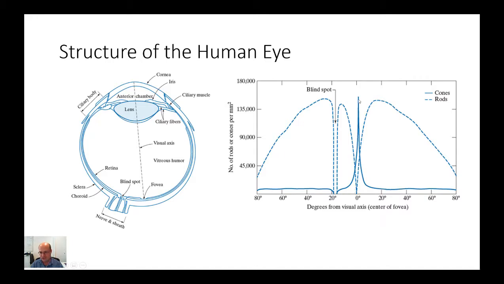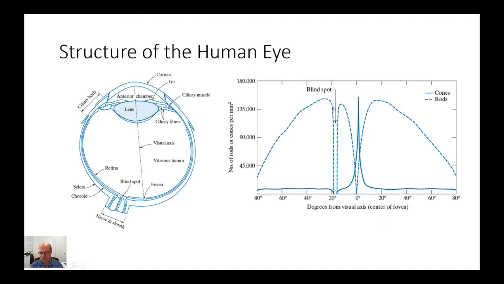The cones, as you've seen in the video, are each connected to a single neural cell, neuron, and they are responsible for perceiving details and color, whereas the rods are more responsible for perceiving the scene and the environment under dim light.